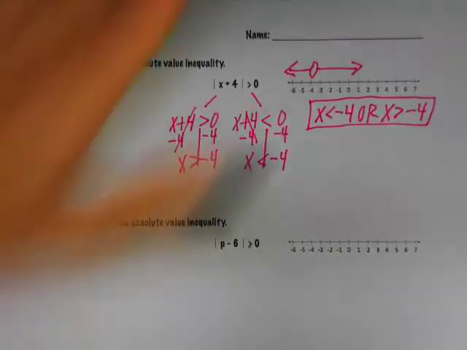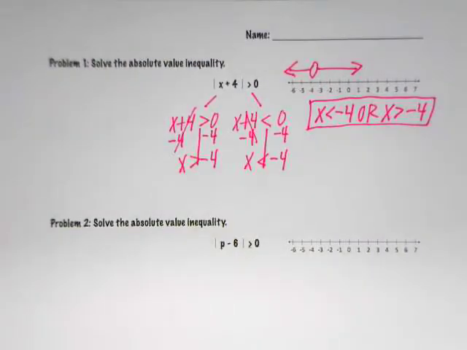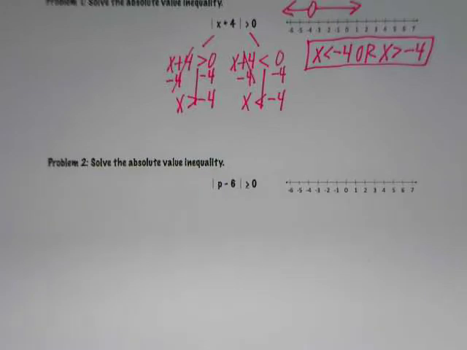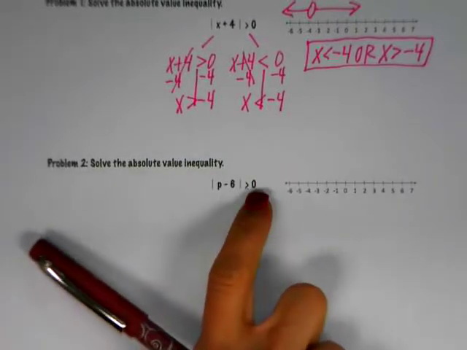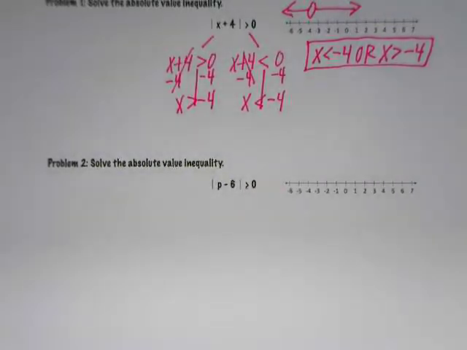All right, let's do the next one. All right, so for this next one, is the absolute value by itself? Yes, so look on the right side. Do we have 0 or a negative? Yes, so check your chart. Greater than or equal to 0. And also think about it logically. Greater than or equal to 0, is that going to be all positives or all negatives?